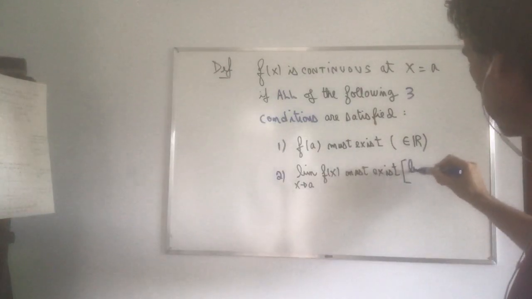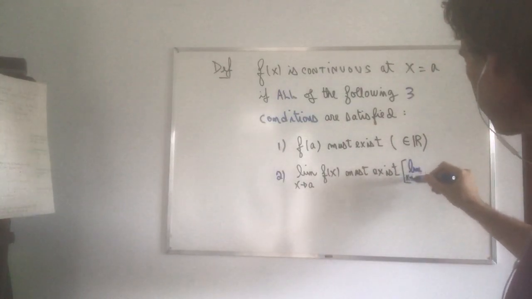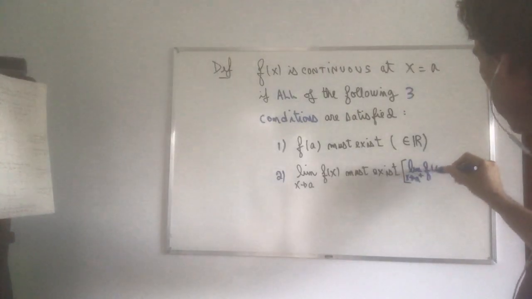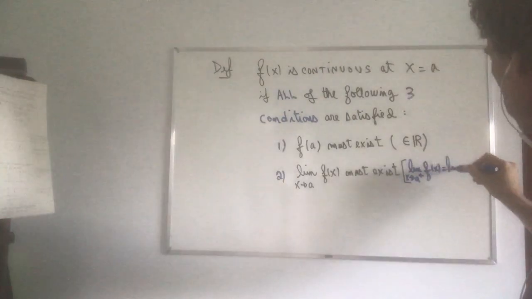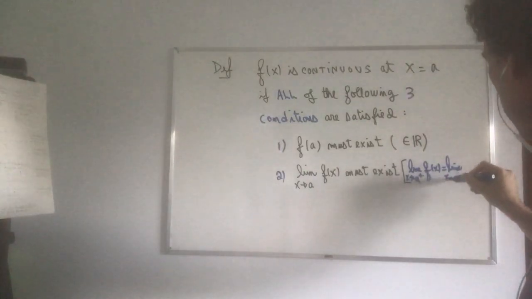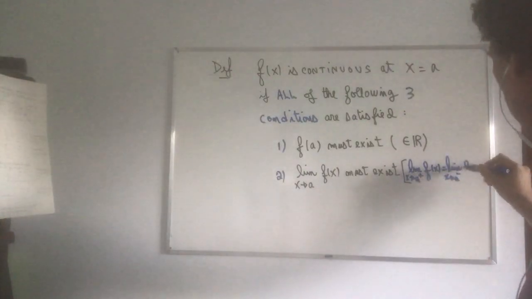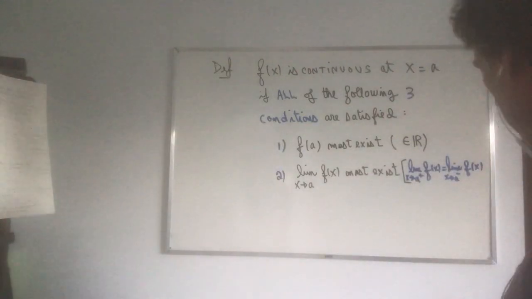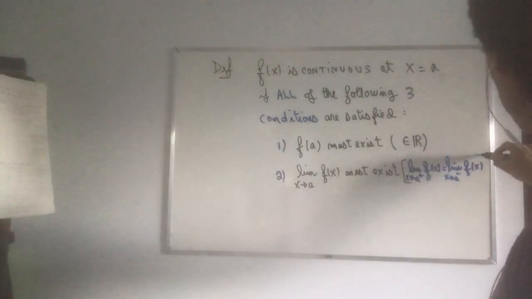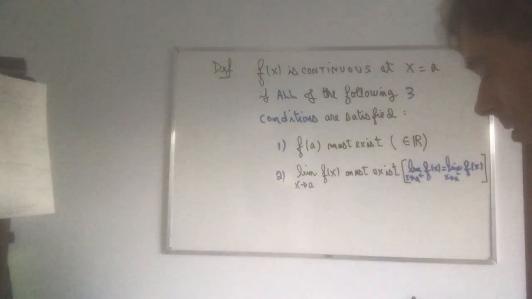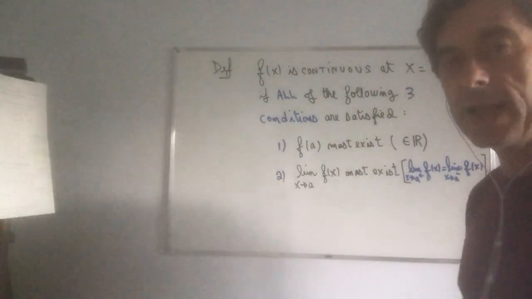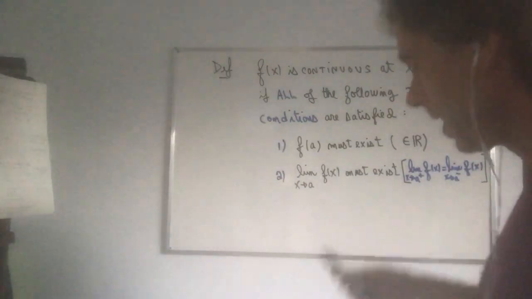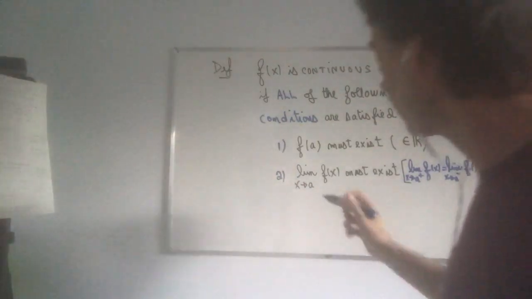It means the limit as x approaches a from the right is equal to the limit as x approaches a from the left, and they both exist. So no crazy stuff here, no DNE, no infinity, nothing. Those two limits are the same and they both exist.